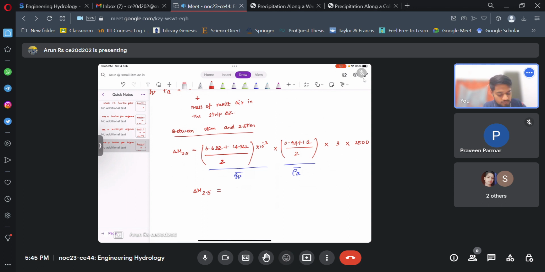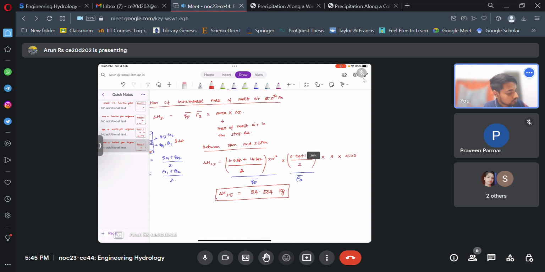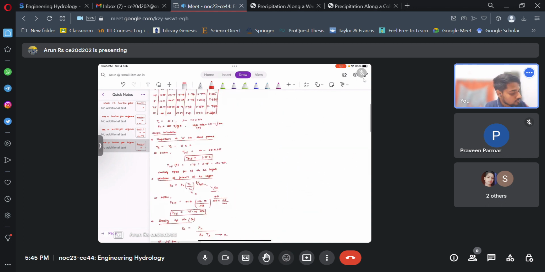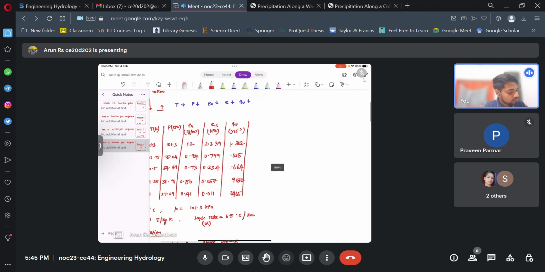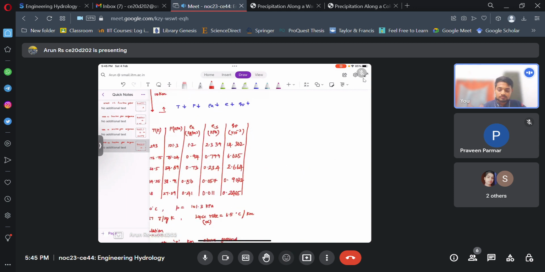So this works out to be 84.584 kgs. So in a similar way, we need to compute for all the depths.